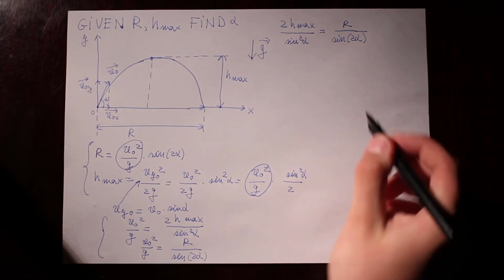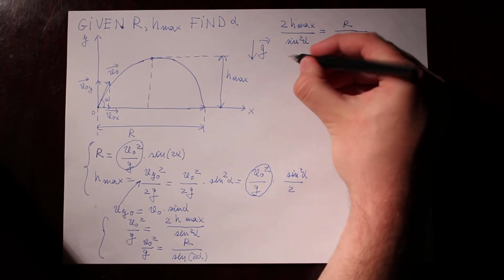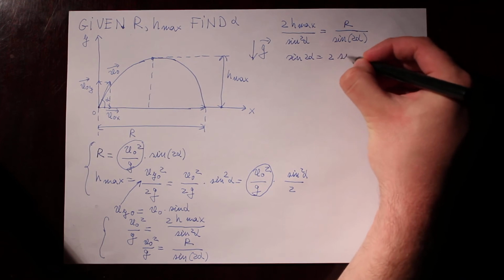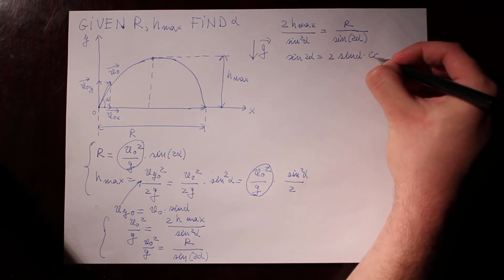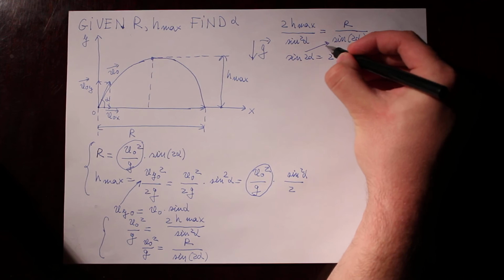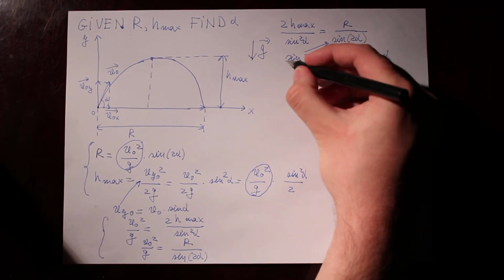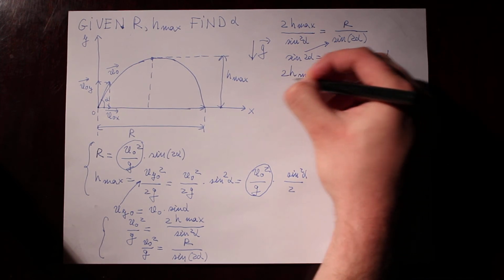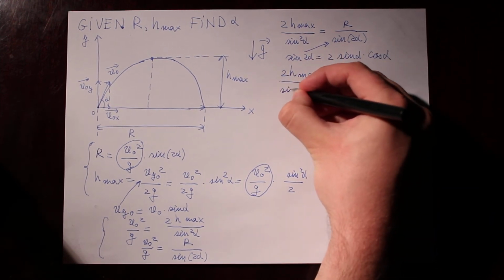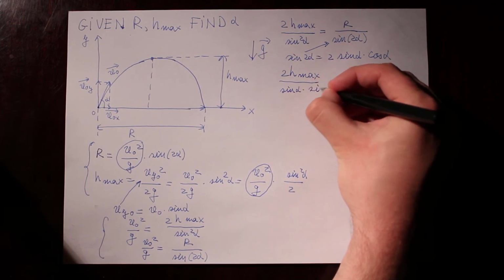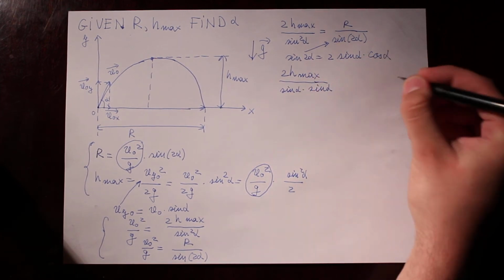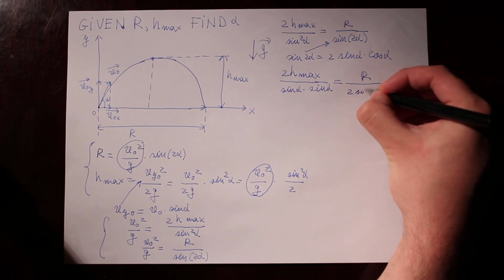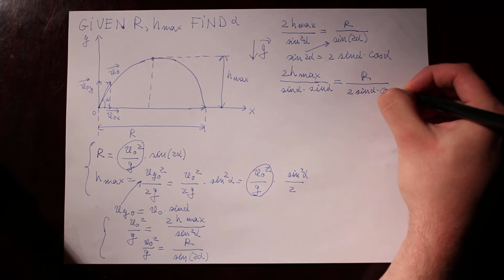Now, if you remember your trig identities, you will know that sine of 2 alpha equals 2 times sine of alpha times cosine of alpha. And I'm going to plug this here. And now we have 2h max divided by sine of alpha times sine of alpha, it's more convenient to write it this way, equals r divided by 2 times sine of alpha times cosine of alpha.